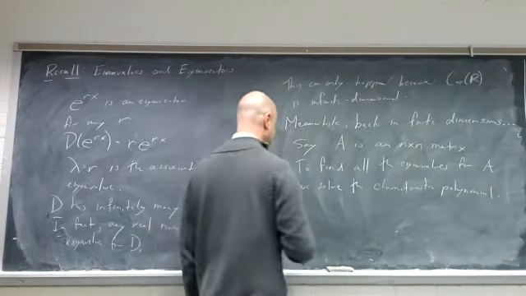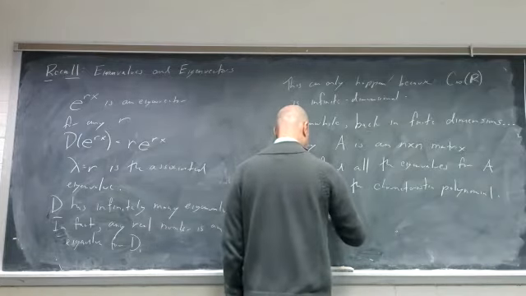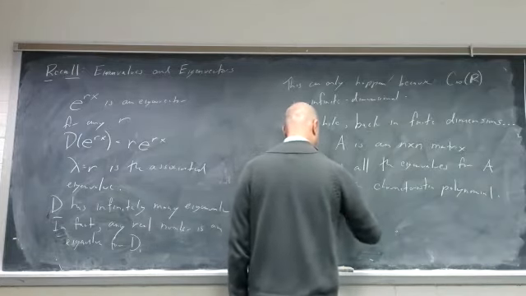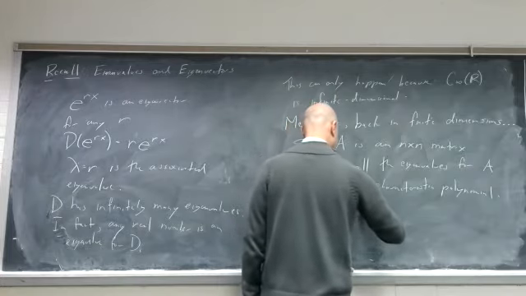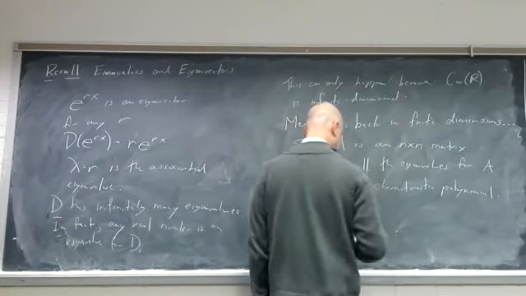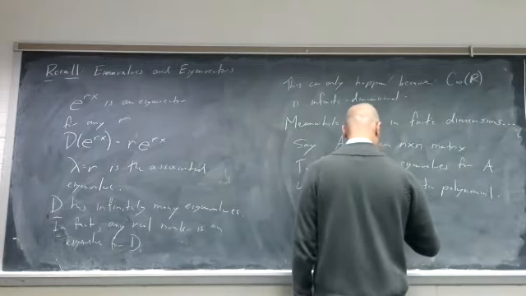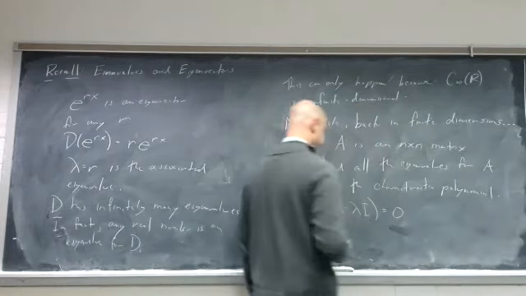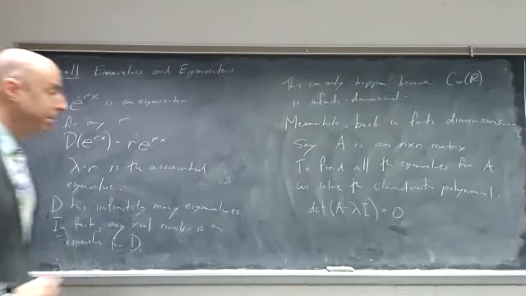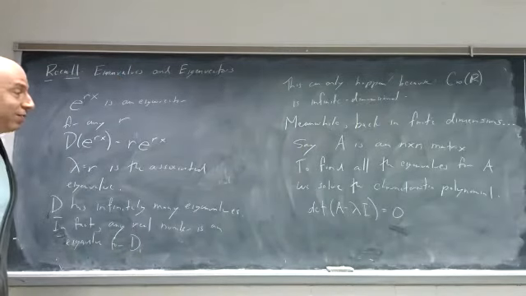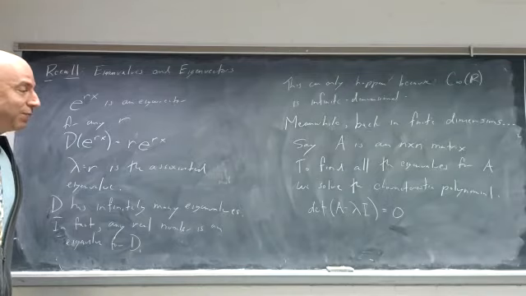In other words, we take the determinant of A minus lambda times the identity and set it equal to 0. We've already done that for some examples. Taking the determinant of A minus lambda times the identity and set it equal to 0.